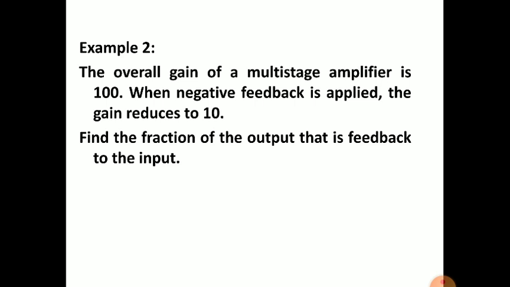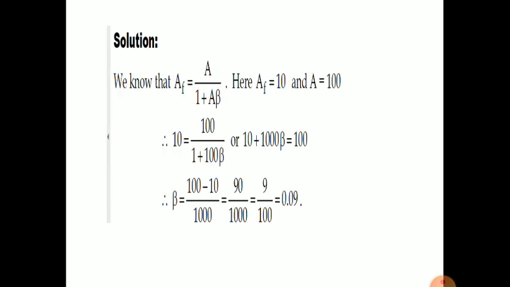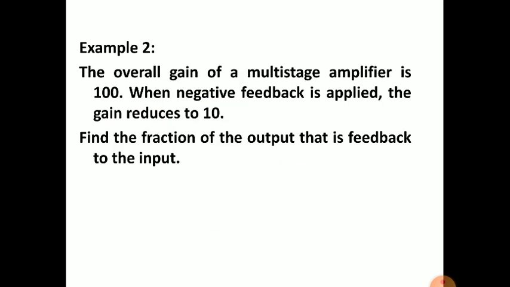They didn't directly ask for the feedback factor, but asked for the definition of beta, the feedback fraction, the fraction of output that is fed back to the input. These different types of question terms you should practice, because in the exam they may not directly give the values by mentioning this is beta, this is A.